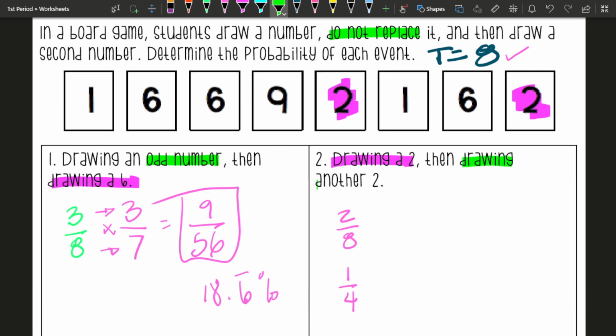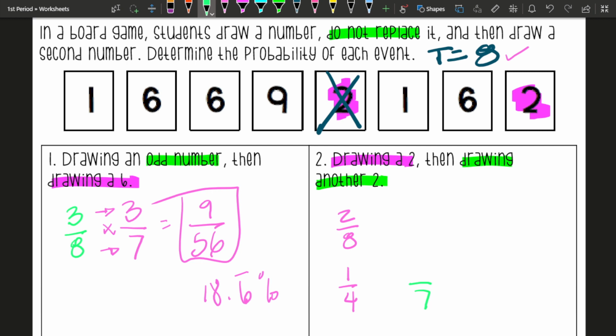Okay? So now, we're going to ask to do what? Draw another 2. We did not replace that 2. So that means that this 2 is gone. Okay? My total changed, didn't it? What is my new total? My new total is 7. So that's the bottom. But also, since I took the 2 out and I did not replace it, do I still have 2 2's?